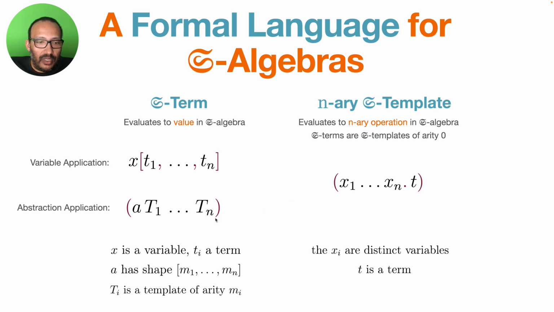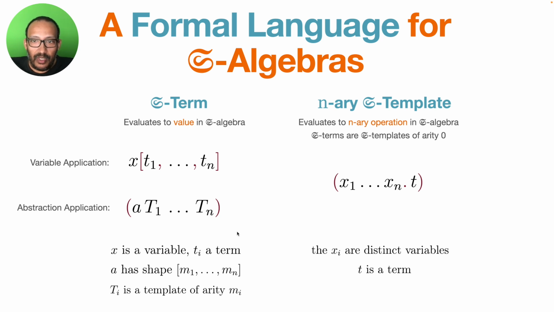Okay, so here we know that the abstraction has a certain shape, and the template at a certain position here must correspond to the arity that the abstraction has in its shape at that position. So T1 must have arity M1 and so on, and Tn must have arity Mn.